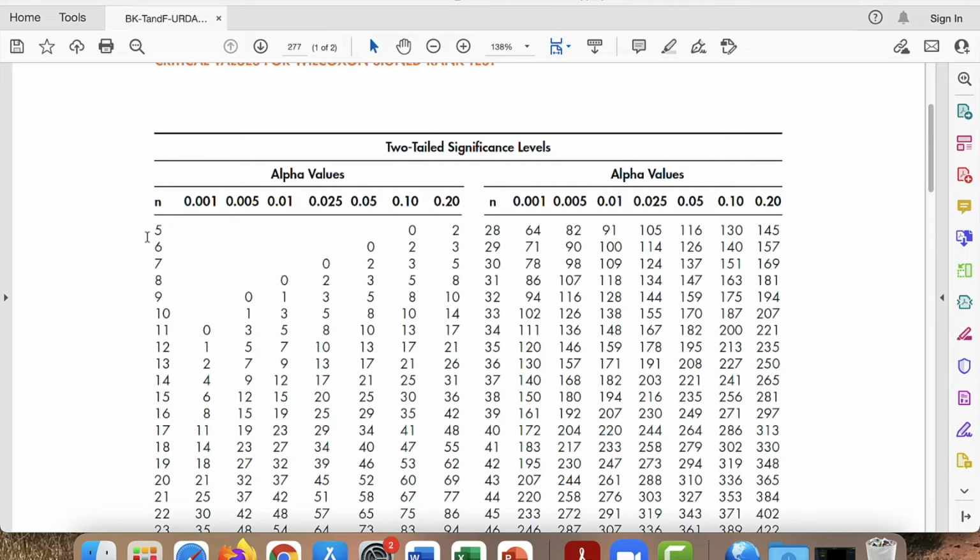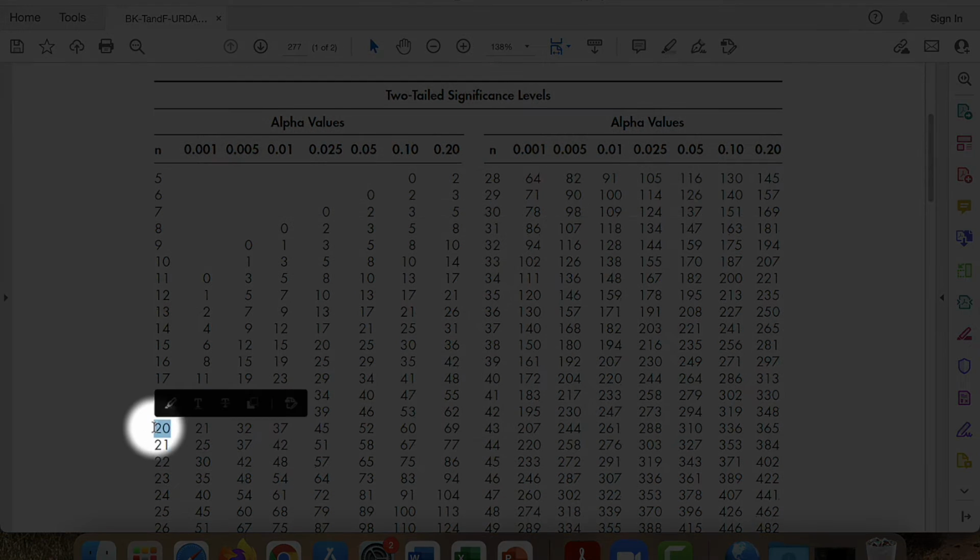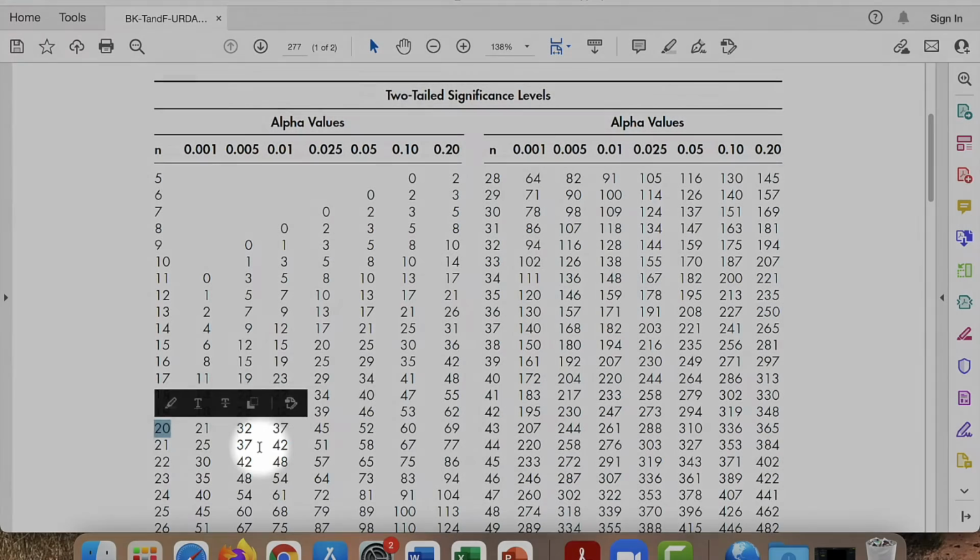If you have 20 cases, say 20 students that took a test before they drank a glass of juice, and then they took a test again after the glass of juice to see if their test scores changed once they got some sugar in their bloodstream, then the number of cases would be 20.